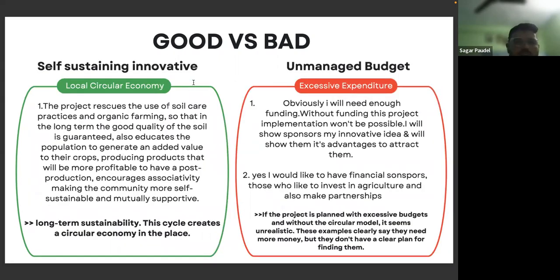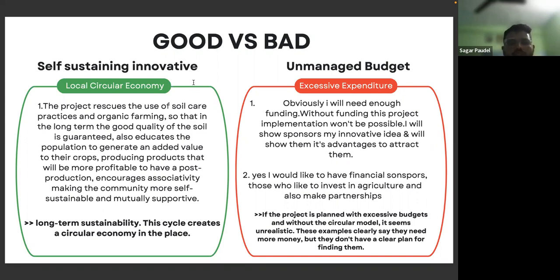Okay, next we talk about sustainable projects. We need to maintain our project in the long run. For example, here we talk about maintaining a circular economy. It's like investing in a project, designing a prototype, selling that prototype, and earning from that project.